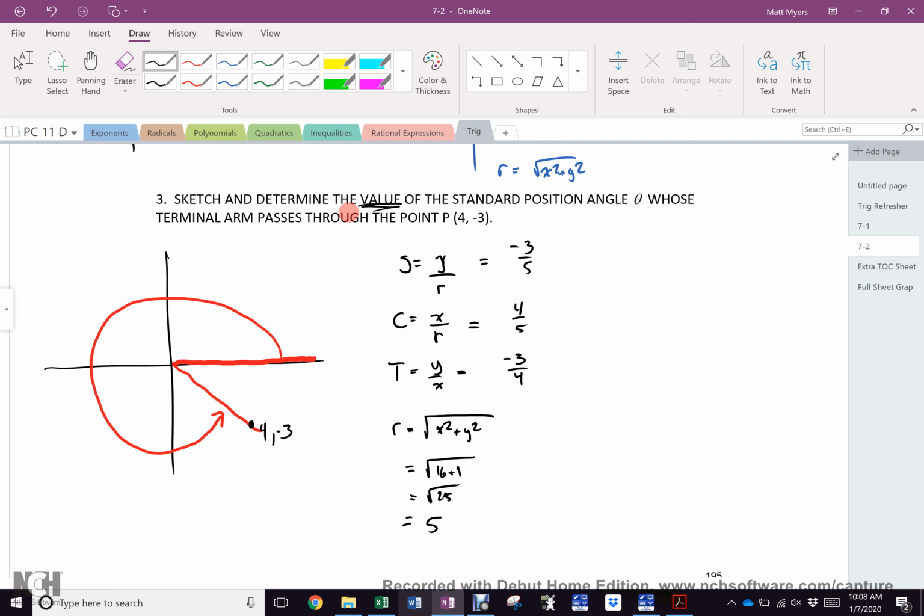What finds me the value of the angle? You got to think back to grade 10. I know the decimal because this is 0.6, this is 0.8, and this is 0.75, right? When you have the decimal or the fraction, how do you get the angle value? Does anyone remember? Yeah, it's shift sine, cos, and tan, yes?